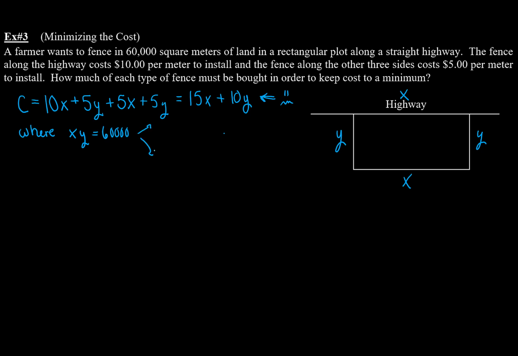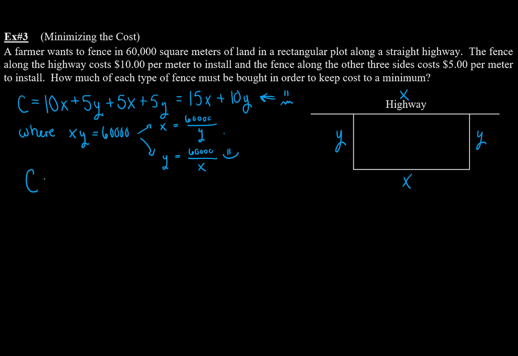So I can either solve for x or solve for y and do some replacing. If I solve for y, I can see that y is going to be 60,000 divided by x. I tend to like to work in x's, so I'm going to replace the y with x's.